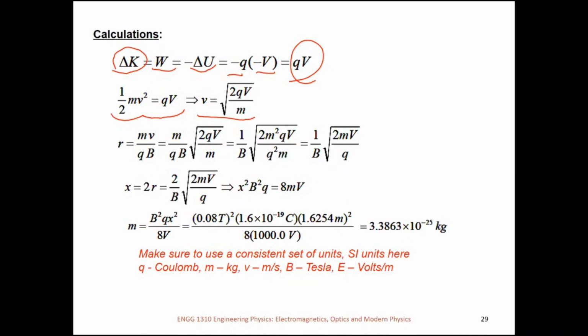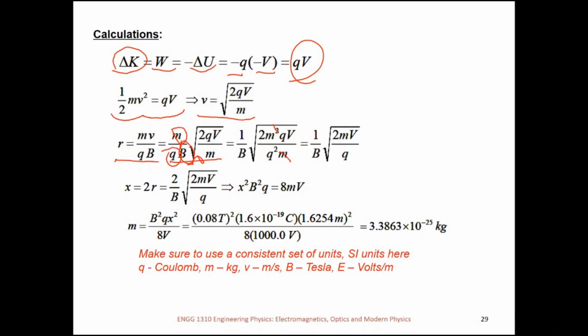We already know that in the B field with a certain initial velocity, the radius of the circle equals mv over qB. Now we can replace v with the square root of 2qV over m. Then we put the m and q inside. The m inside becomes m squared, and then we can cross-multiply like this.